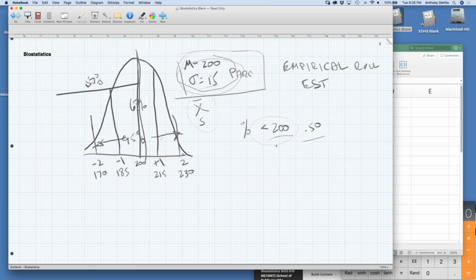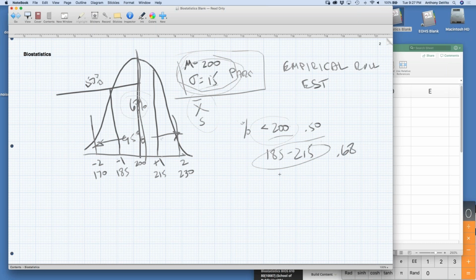What if I asked you, what's the probability of picking someone whose score is between 185 and 215? Well, we can recognize that's 1 standard deviation below the mean, 1 standard deviation above the mean. So the probability of picking someone in that range is 68%.